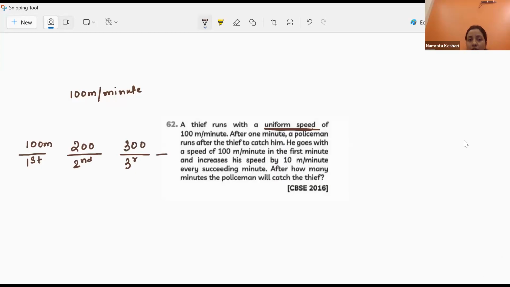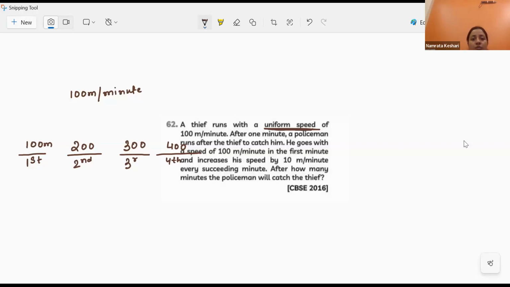Next minute, the total distance covered by the thief will be this one. Yes or no? Is it making sense, Ritvika and Ryan? Yes.